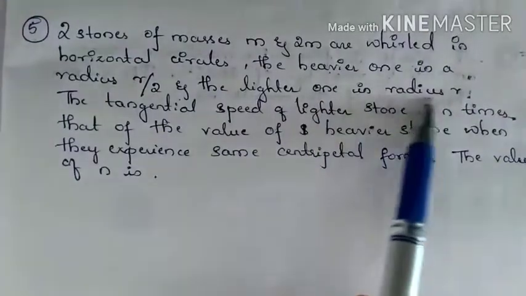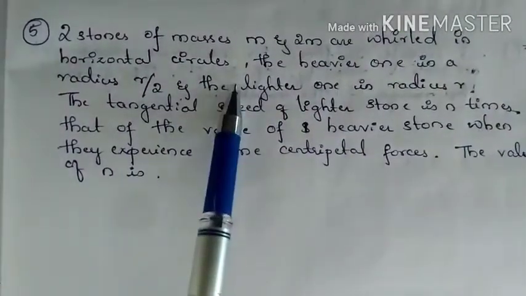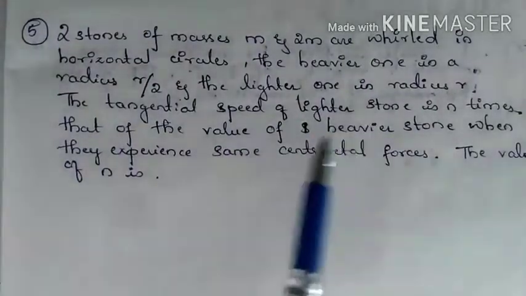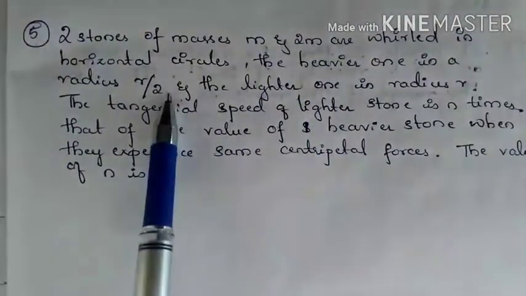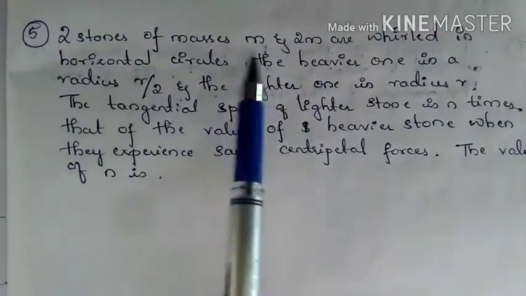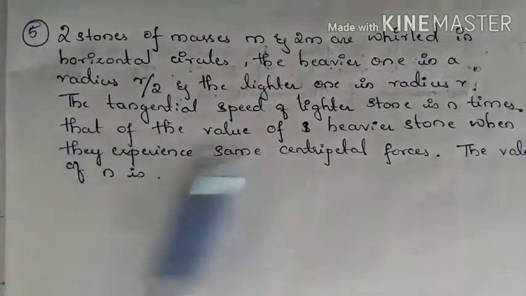The heavier mass is 2m, and it has radius r by 2, and the lighter one, mass m, has radius r. So the lighter one has a larger radius compared to the heavier mass. This is clear to us.